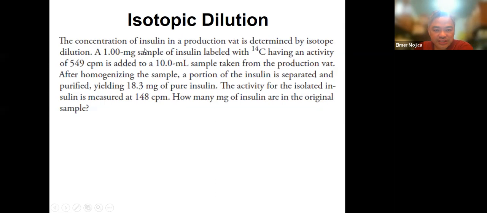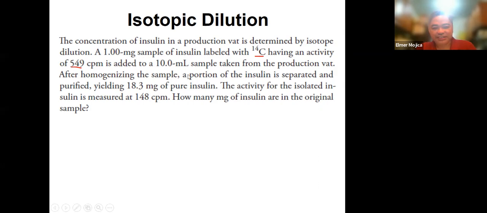And I have an example here. When they look at the concentration of insulin in a production batch determined by isotope dilution, you have 1 milligram of sample insulin labeled with C14, and it has an activity of 5.49 counts per minute. It's added to a 10 ml sample taken from the production batch.